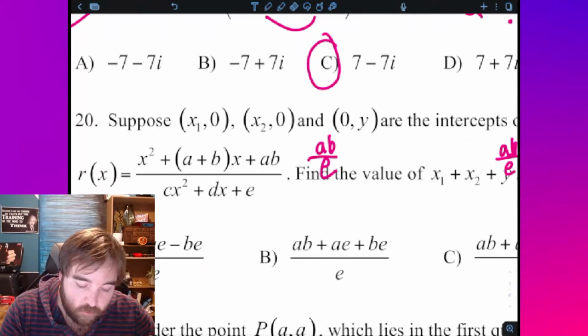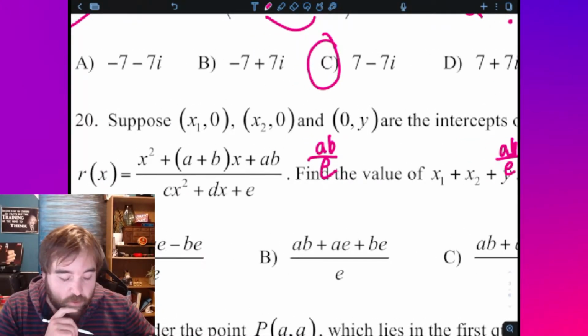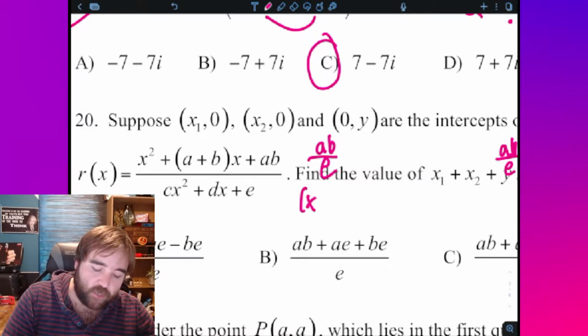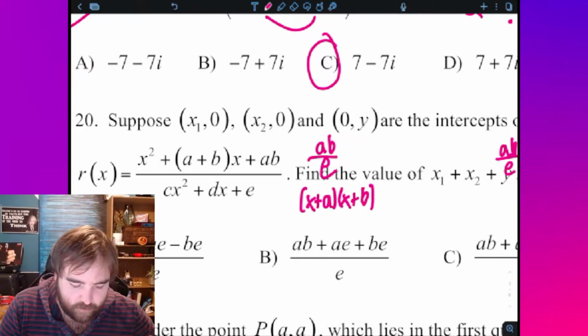And then I have to solve the top for 0 to get the x-intercepts. So that's x plus a, x plus b. They use something weird like that up there on top too.